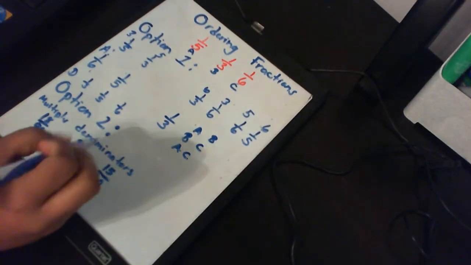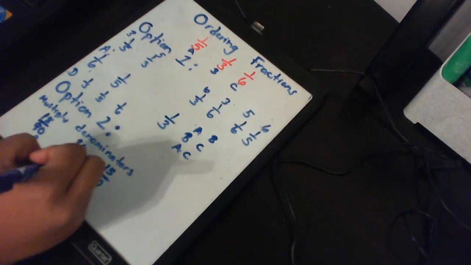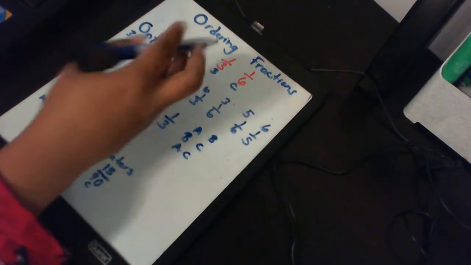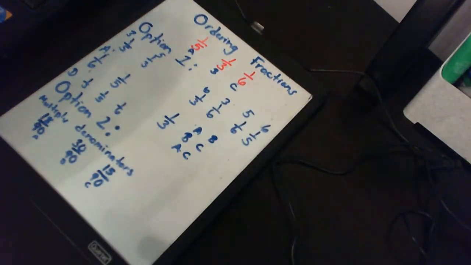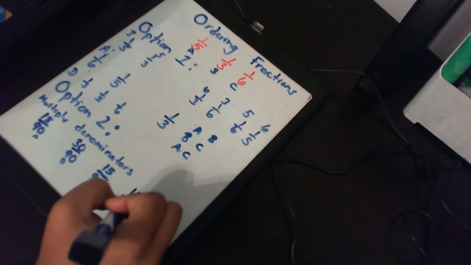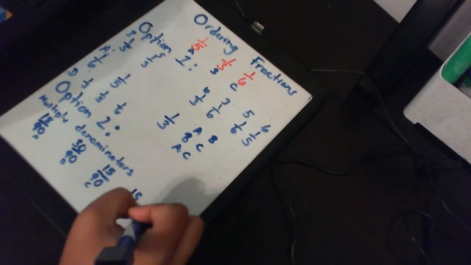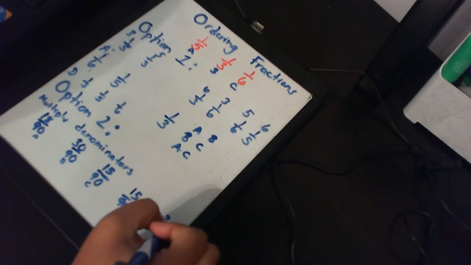So I'm going to put a little A, a little B, and a little C to keep up with the same A, B, and C that I have there. So when I put them in order, the smallest is 15 over 90. Then 18 over 90, then 30 over 90.